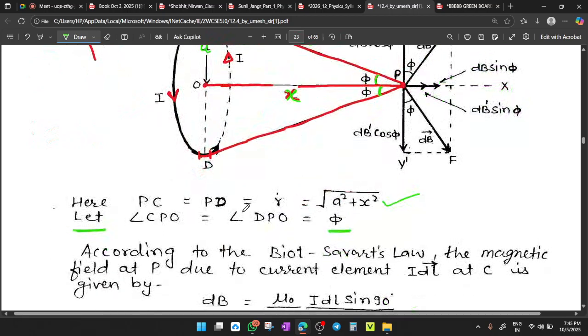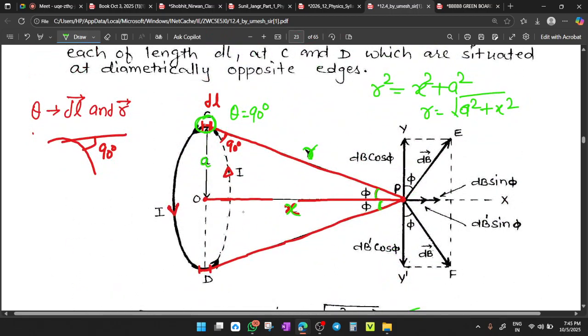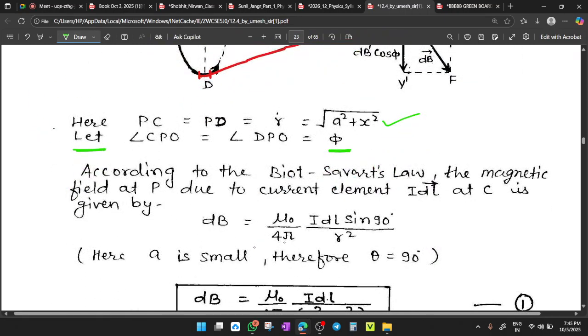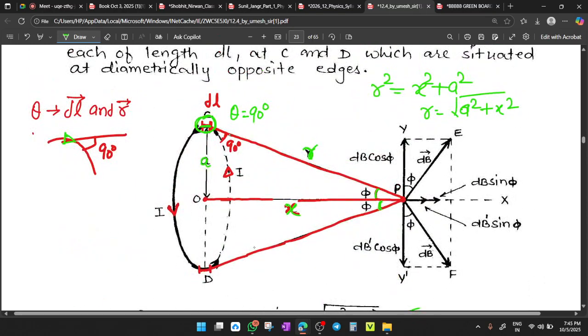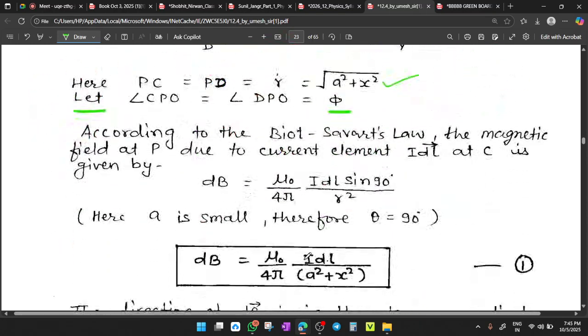So there is a current element like this. Because of this point, the magnetic field dB is given by, look here, dB equals mu naught upon 4 pi, I dl sine theta upon r squared. And as I said here, theta is equal to 90 degrees. So place the value of theta equal to 90 here. Sine 90 equals 1.